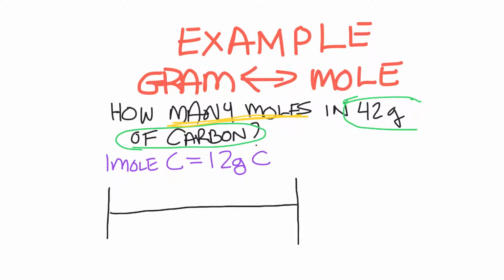We're going from grams to moles. So we write in what we are given in this box, and I'm going to write 42 grams of carbon. Now we put that over 1 like we always do, and then the next thing we want to do is, what are we trying to find? And we are trying to find moles, so we're going to write that here.